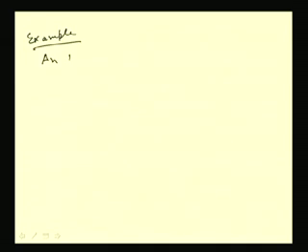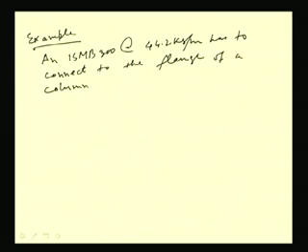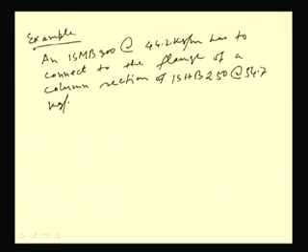So, an ISMB 300 at 44.2 kg per meter, because different weights of ISMB are available, has to connect to the flange of a column section of say ISHB 250 at 54.7 kg per meter.